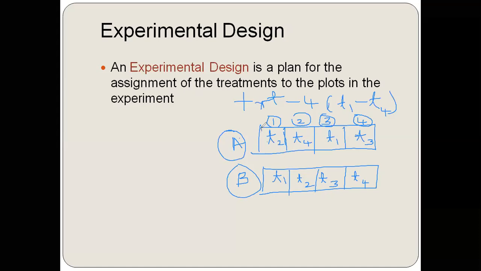A, yes, in A. Why? Because if you look at B, we have all 4 treatments from T1 up to T4 simply allocated on a sequential basis to the experimental units one after the other. So this is not a good way to do the randomization. This is a good way to do the randomization.